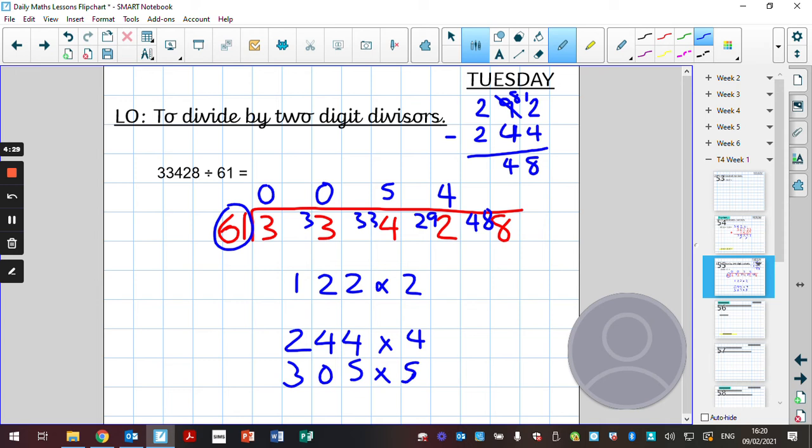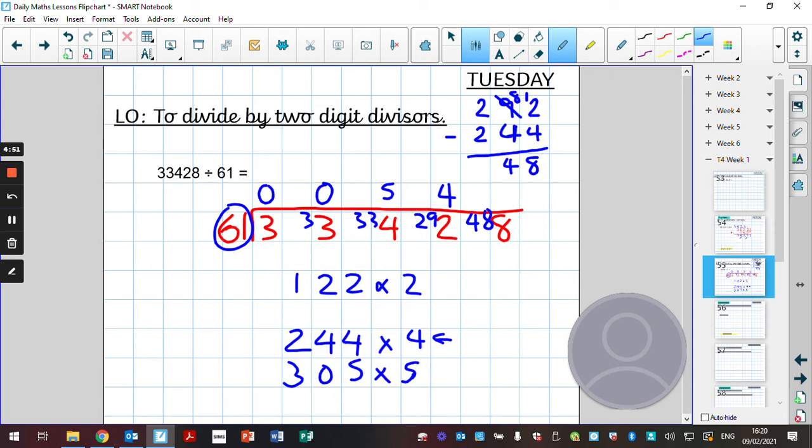So we now exchange that. Now we've got 488. Now how many lots of 61 go into 488? Well, you may have noticed that 4 lots of 61 is 244.